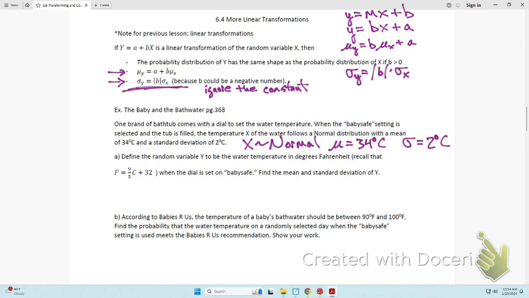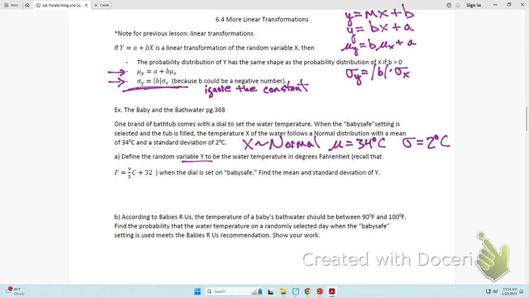But we're worried about Fahrenheit because of this Babies R Us claim on part B. So it's asking us to convert it to Fahrenheit, and we're calling that variable y.